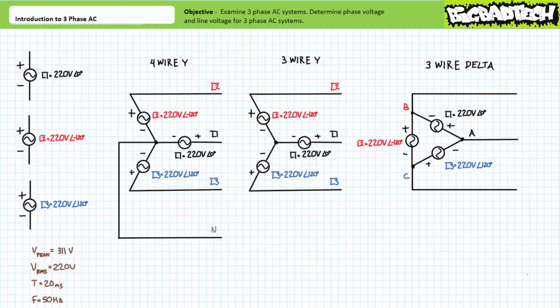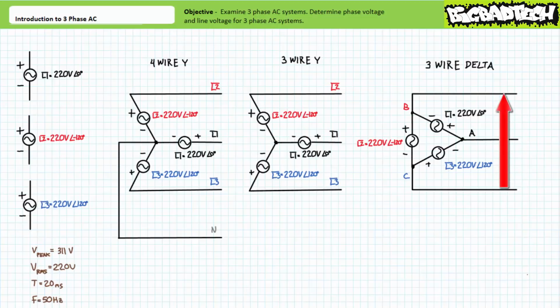You'll note not only is a central node inaccessible in a three-wire delta, it doesn't even exist. Given there exists no central neutral terminal, it's essentially nonsense to refer to line-to-neutral voltage, but rather only line-to-line voltage. Given winding L1 is between node A and B, it can be said the line-to-line differential between A with respect to B is 220 volts at an angle of 0 degrees.